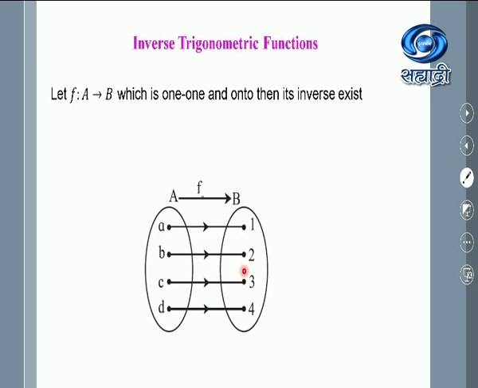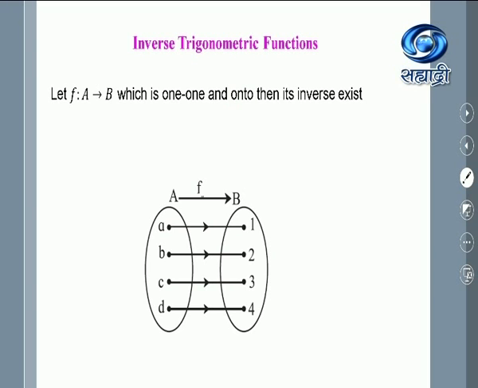So that function is called a 1-1 function. Every element in the domain must have a unique image in the codomain, and every image in the range must have a unique pre-image in the domain. So that is called a 1-1 function.